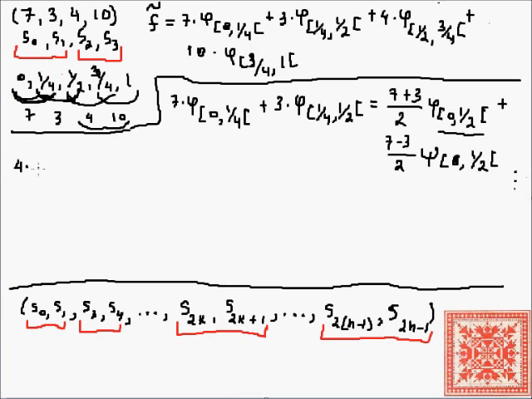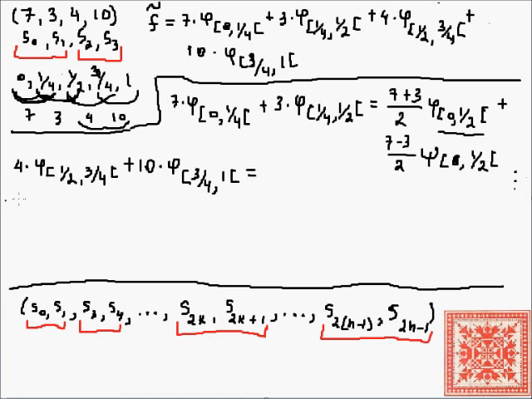And then let's shift and dilate the second pair of values, S2 and S3. That gives us 4 times phi from 1 over 2 included to 3 over 4 excluded, plus 10 times phi from 3 over 4 included to 1 excluded.